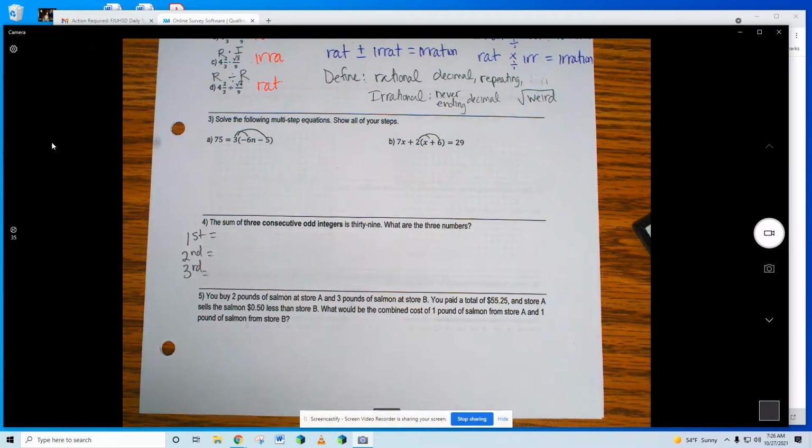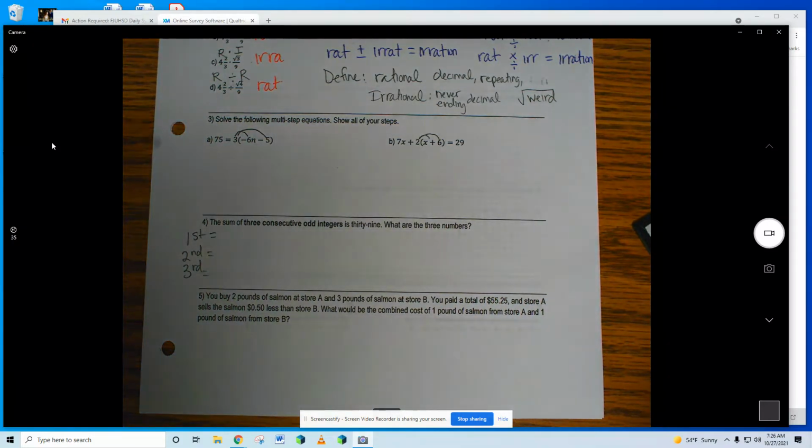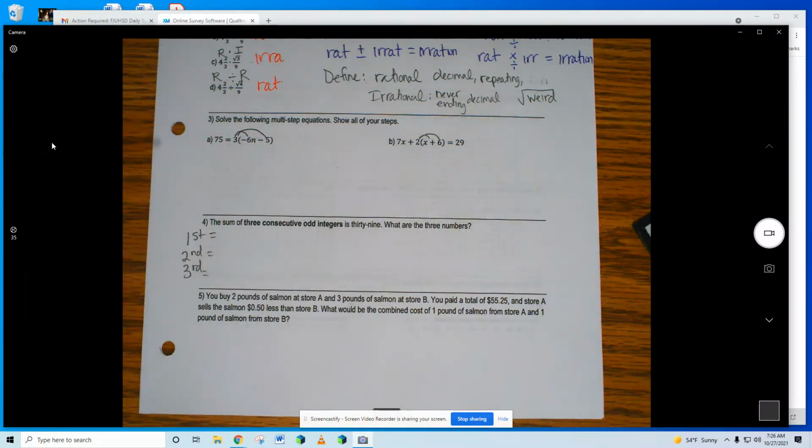I don't just add 1 every time, because when I add 1, x and x plus 1 are consecutive in a row. If I want to do odd, how do I count odd numbers? 1, 3, 5, 7. What's happening from 1 to 3? Adding 2. Every other number. And you're like, 2, that's even. No, every other number is also odd.